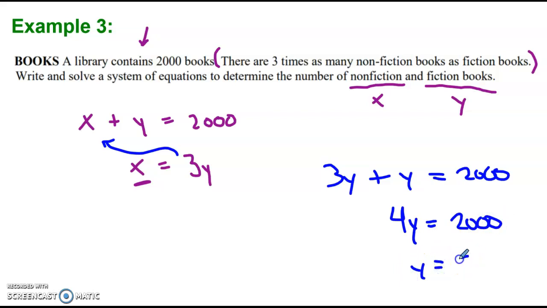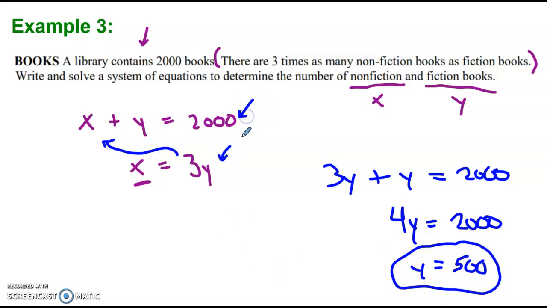So there are 500 fiction books, because remember y refers to fiction books, 500 fiction books in the library. And now just take this number 500, plug this in for y either in this equation or this equation. Looks like we're going to get, well, x plus y is 2,000, y is 500, so x is 1,500.